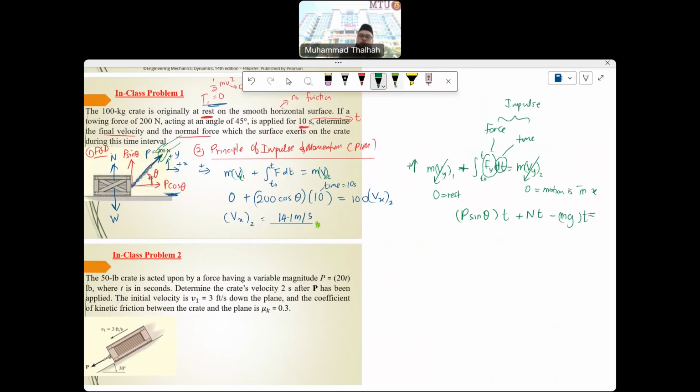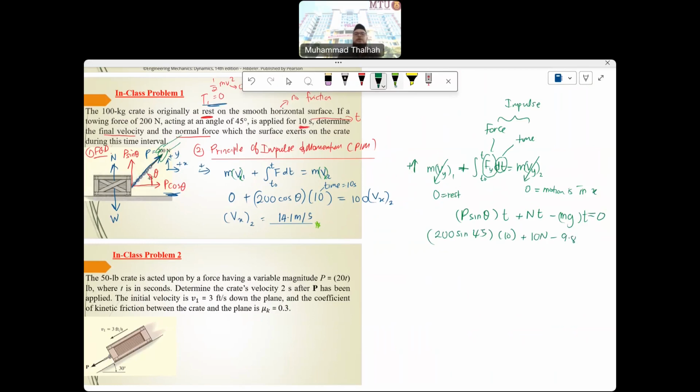That's going to give you 0, right? So plug in all the numbers. So 200 sine 45 times 10 plus 10n minus 9.81.